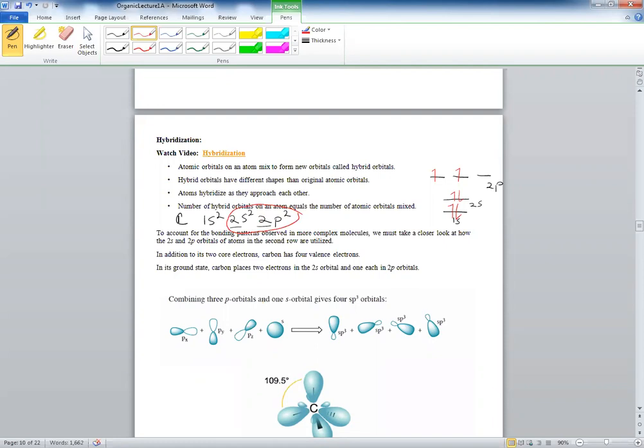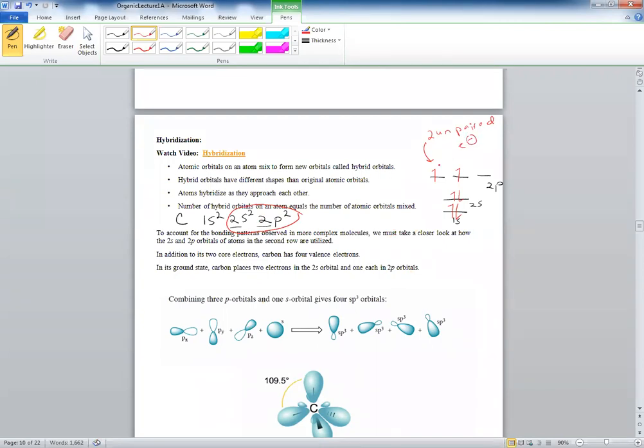Now, a bond forms when you have unpaired electrons. In this case, we only have 2 unpaired electrons. So this is a dilemma that chemists faced almost 100 years ago.